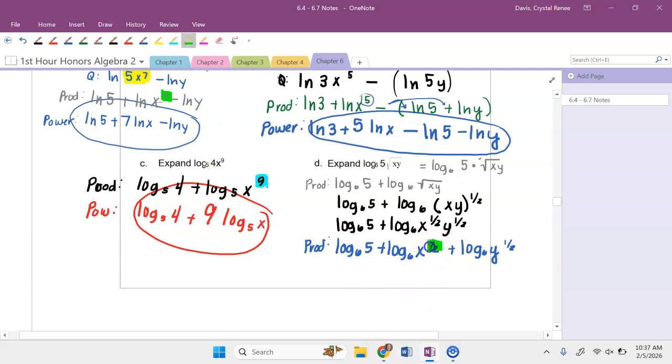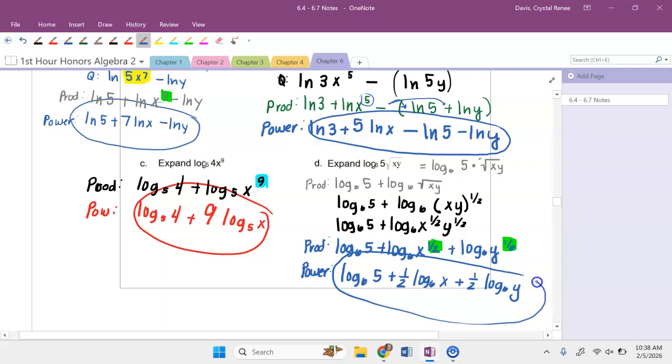Now most of you see it. You see exponents, so you know we could use the power property, which would be log 6 of 5 plus 1/2 log 6 of x plus another 1/2 log 6 of y. So this here would be your final answer.